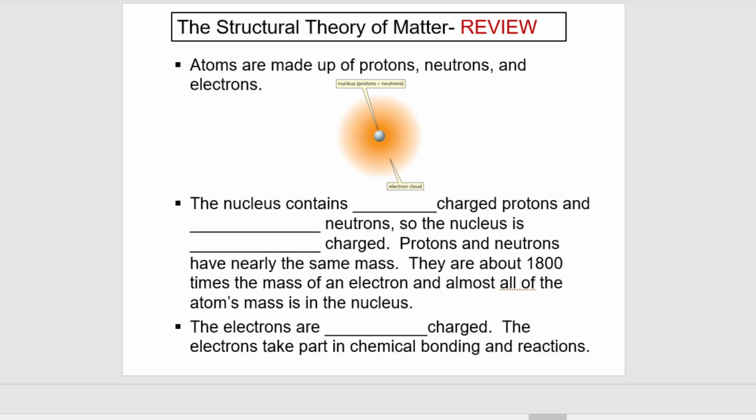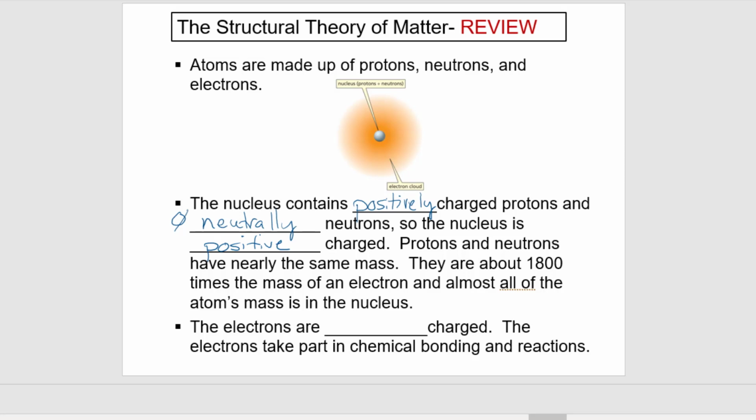So the nucleus contains positively charged protons and neutrally, or zero charged, neutrons. So overall, the charge of the nucleus, because it has protons, which are positively charged, is overall positive.